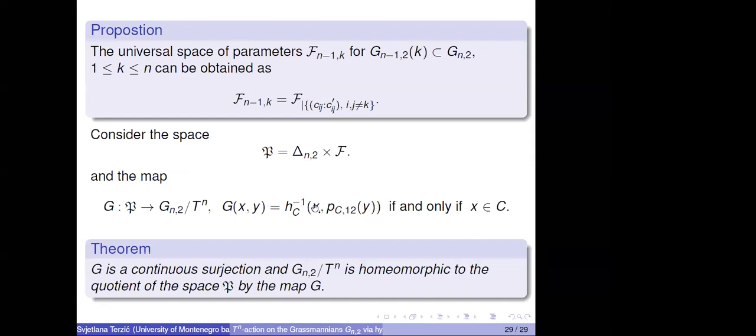So this belongs to C times F_C, and h_C^{-1} gives us a point from G_{n,2}. As in the case we did for G_{5,2} over T^5, we prove that G is a continuous surjection and that the orbit space is homeomorphic to the quotient space of this space by the map G, which is what we wanted from the beginning. Thank you.